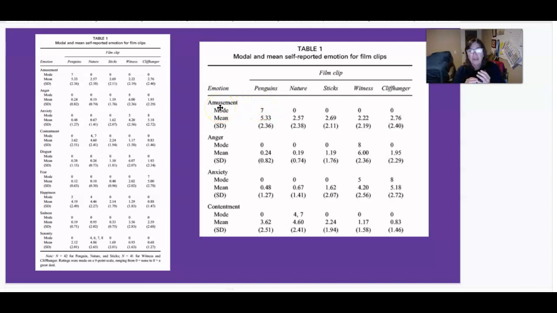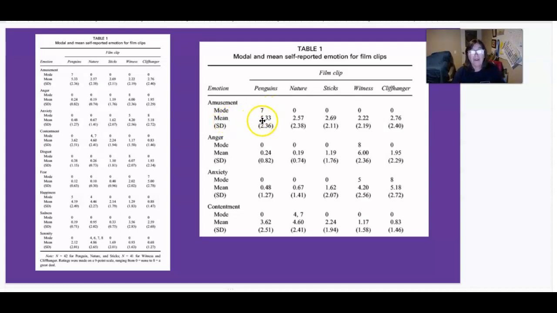Maybe 2 or 3 rated the amusement level 0 or 1 or 2, maybe 4 or 5 rated the amusement level as 3 or 4 or 5, and maybe 10 even rated the amusement level as 7, and maybe 5 rated the amusement level as 8. So it's the most frequent number. It's not the majority, just the most frequent number that's listed as an answer.